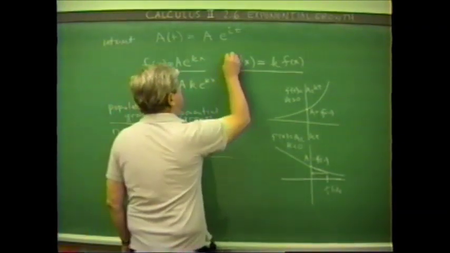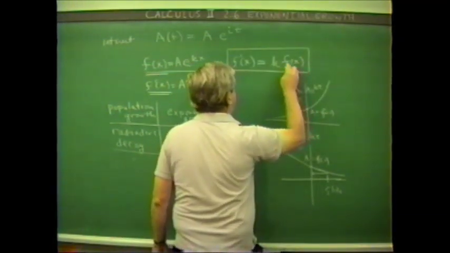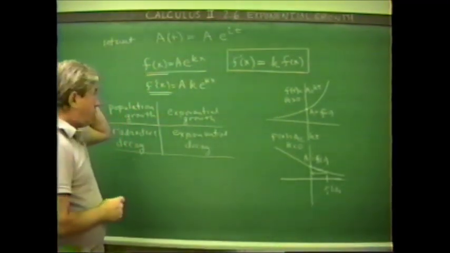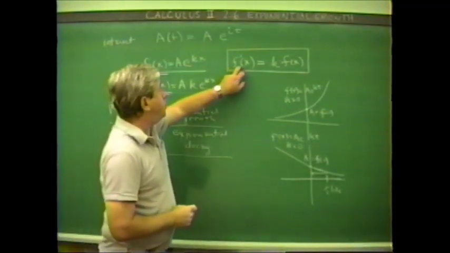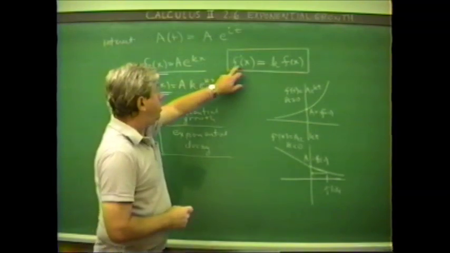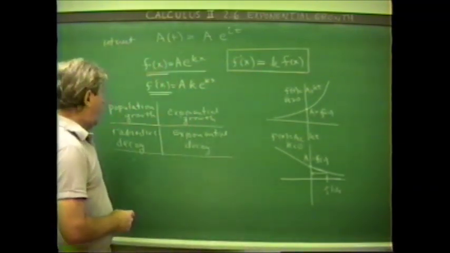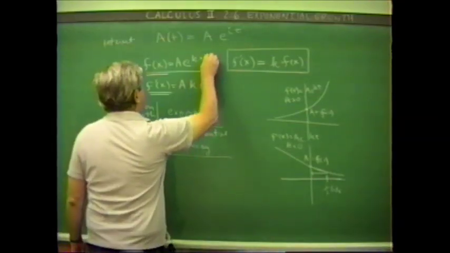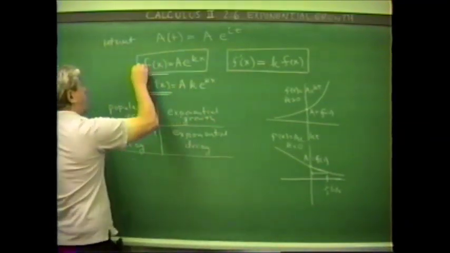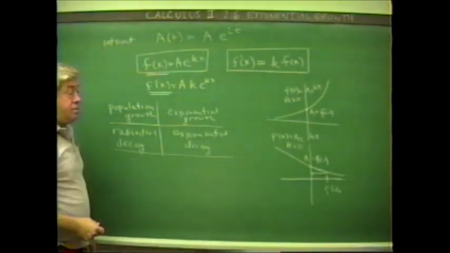Any function that satisfies this equation is going to have to be continuous if it's differentiable. But any function where the derivative is proportionate to the value of the function is going to have for its solution f of x is a e to the kx.